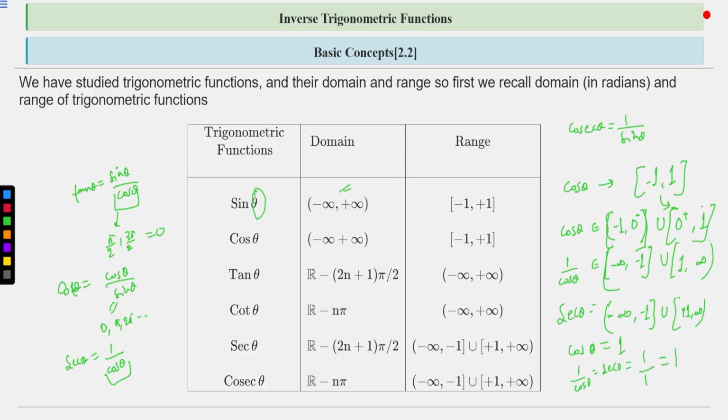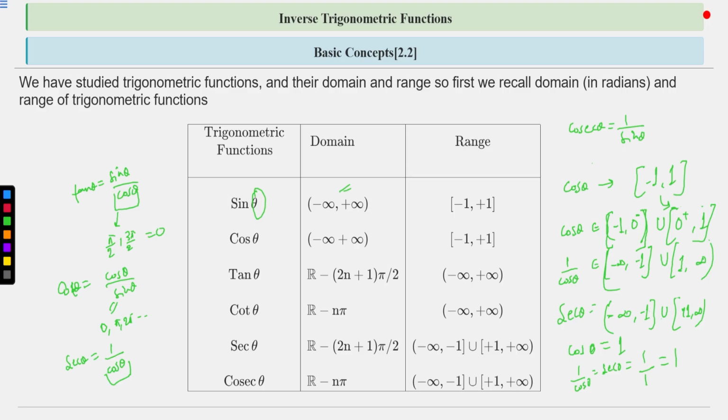Therefore, sec theta can take value 1. And also sec theta can take value -1. Similarly, so -1 and 1 will be included. Got it? Hence, the range of sec theta and cosec theta is from minus infinity to -1, union 1 to infinity, right?